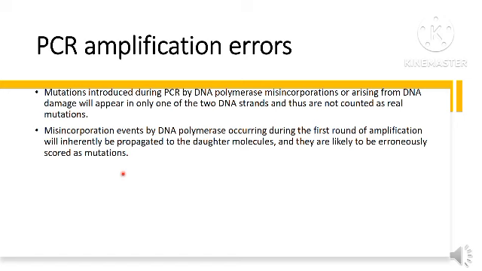If the error occurs in the first round of PCR itself, then all the amplicons we get from the first parent strand will carry the same erroneous misincorporation of base. The error which has happened in the parent strand will be visible in all the daughter strands, so that will be considered as a mutation. Usually PCR amplification errors occur in the late cycles.